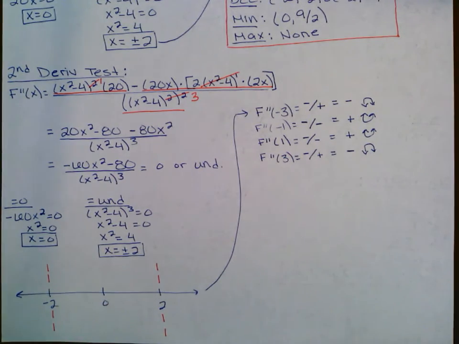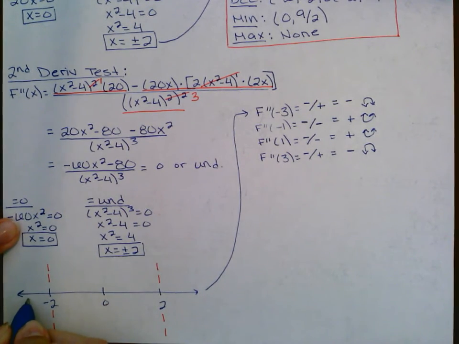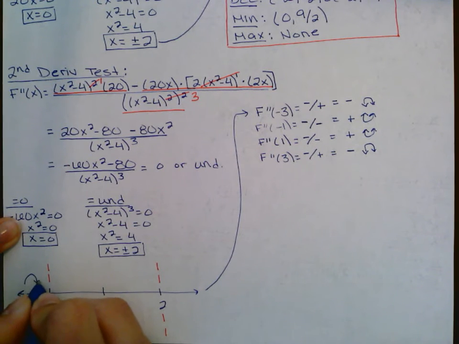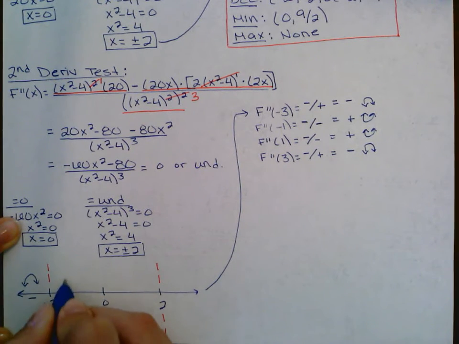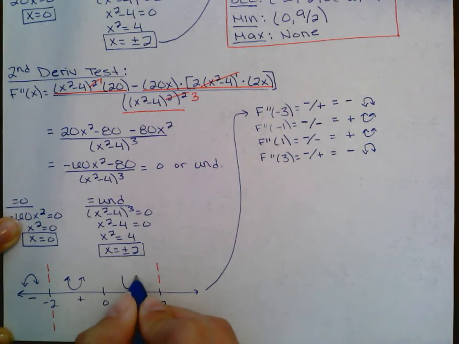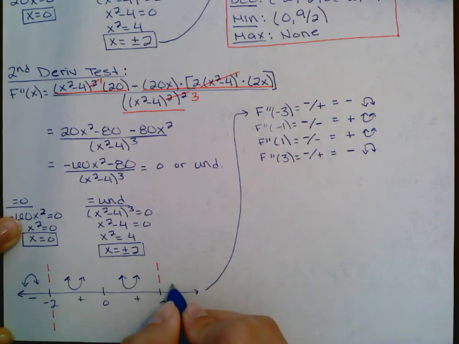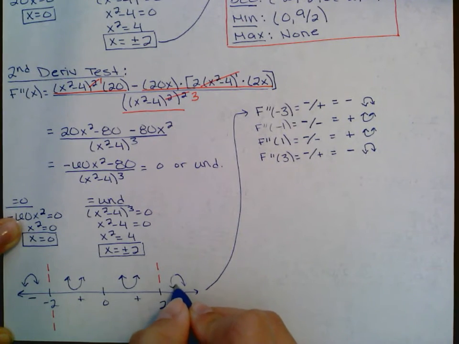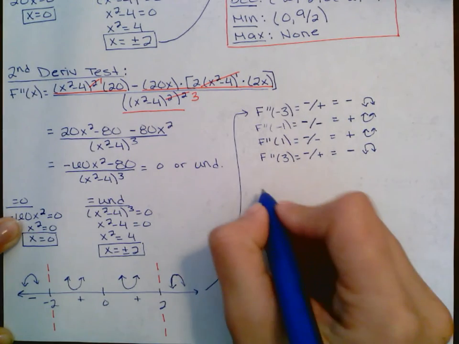Okay? So let's just add that information down here. I have negative, which is concave down. Then I have concave up. Then concave up again. And then I have concave down. Okay?